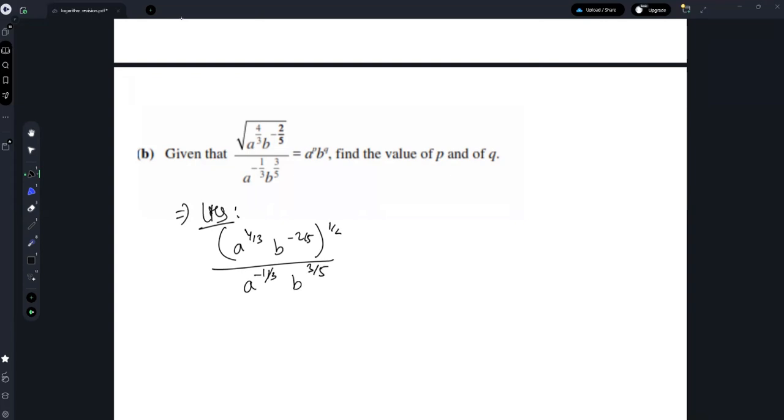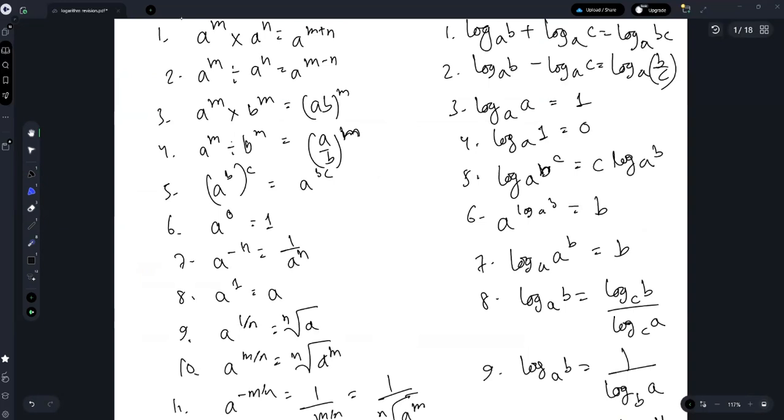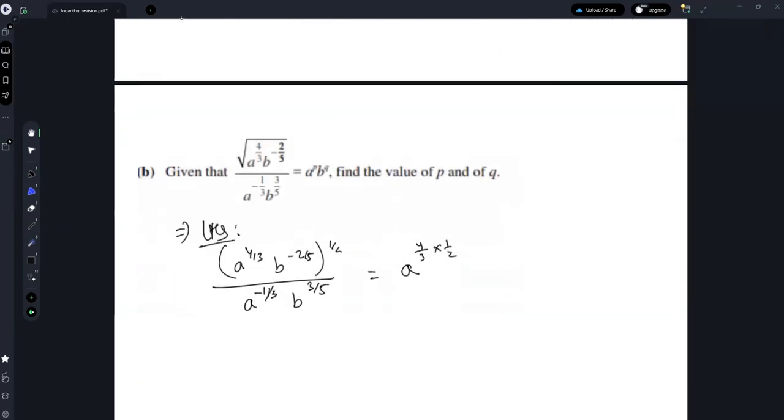So therefore, I will have to multiply 1 by 2 with each of them. So I get 4 by 3 times 1 by 2. This is basically the rule that we have, which is this one right here: if a power is outside of another power, the powers get multiplied. Same thing goes for this one.